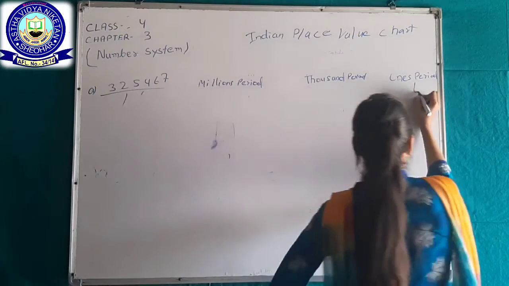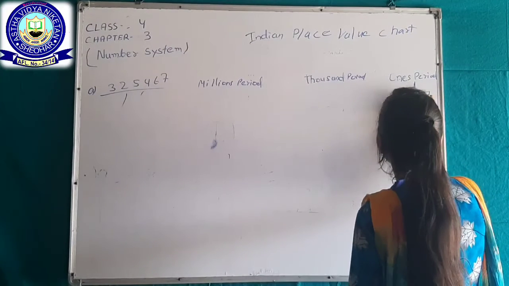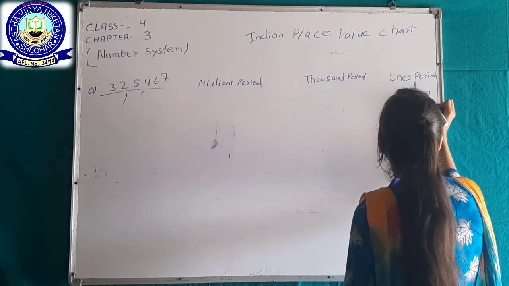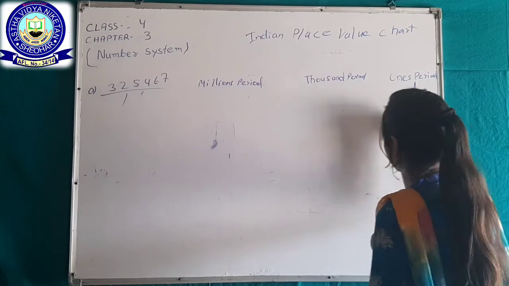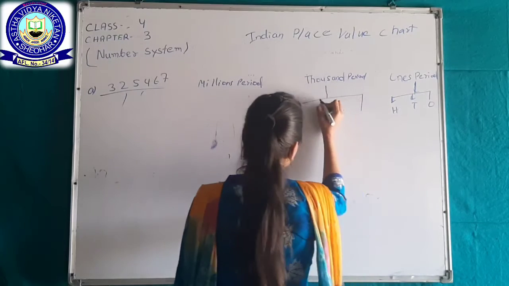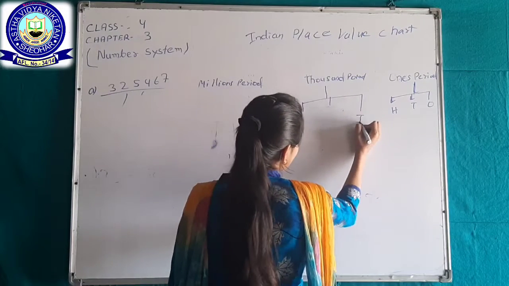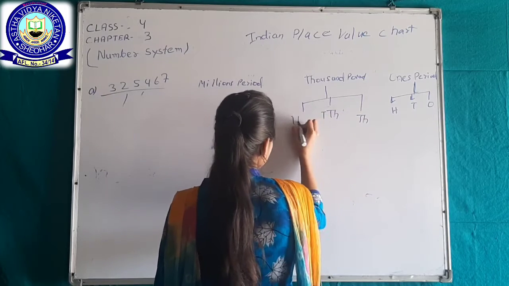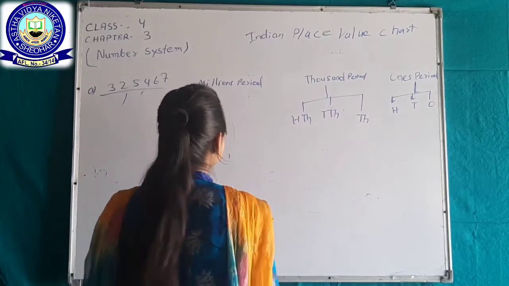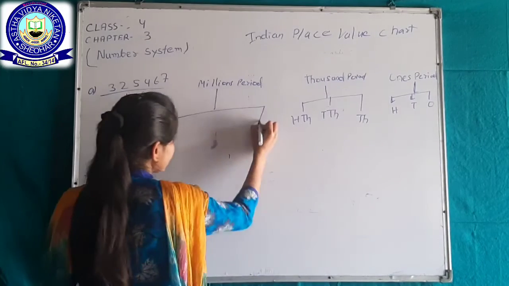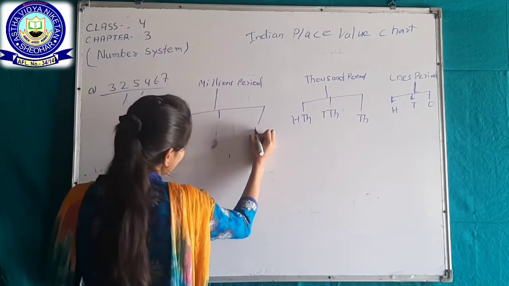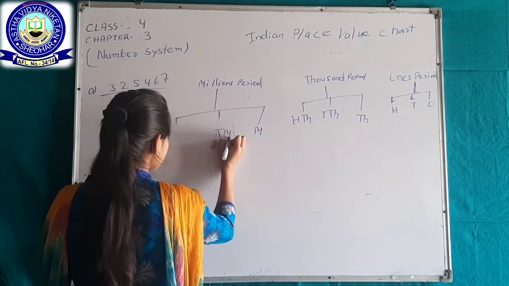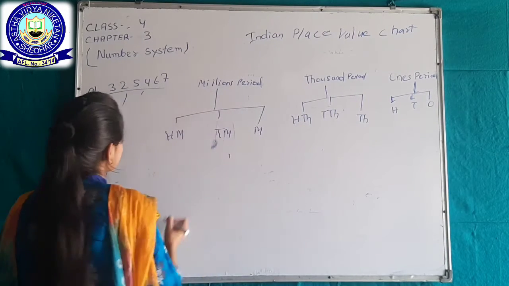In ones period there are ones, tens and hundreds. In thousand period there are three places also: thousands, ten thousands and hundred thousands. And in millions period there are three places also: millions, 10 millions and 100 millions.